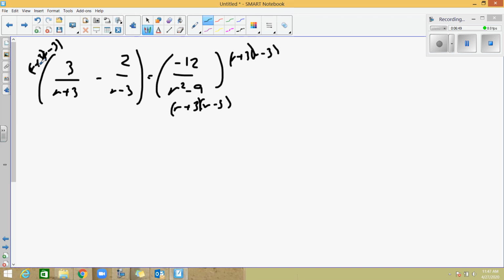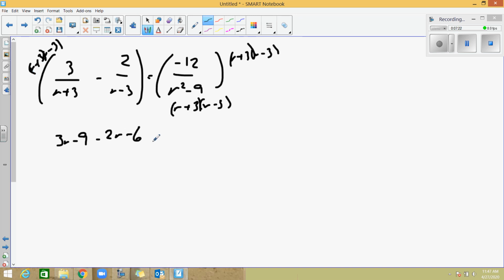So when I do that, my r plus 3's leave. I get 3 times that r minus 3, so 3r minus 9, minus, over here, my r minus 3's leave, so I have a negative 2 times this r plus 3, which is negative 2r, and it would be minus 6, because I have to distribute the negative 2 to the positive 3.